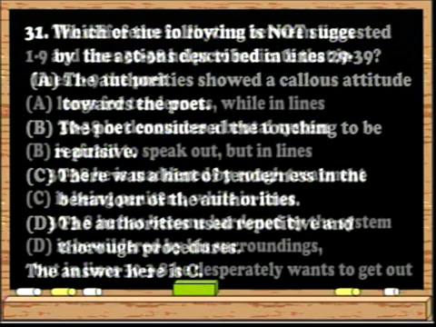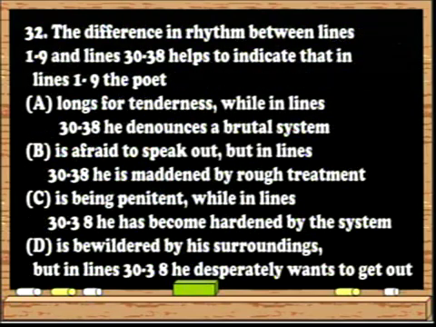Number 32. The difference in rhythm between lines 1 to 9 and lines 30 to 38 helps to indicate that in lines 1 to 9, the poet A. longs for tenderness, while in lines 30 to 38, he denounces a brutal system.